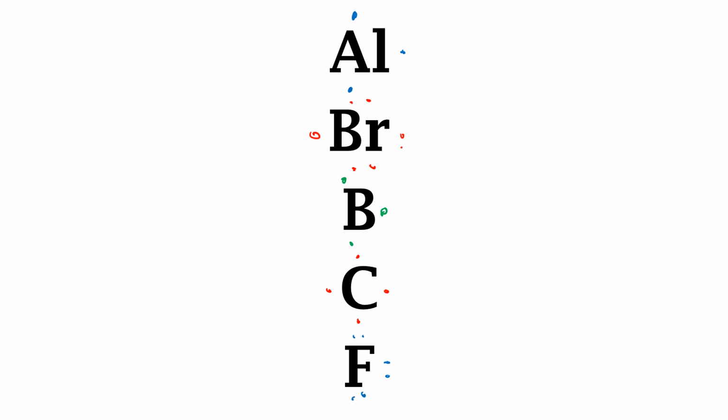So when we're looking at these Lewis dot structures, you see that some of the way they've been written, for example, here we have like that, or that. Those are called lone pairs.